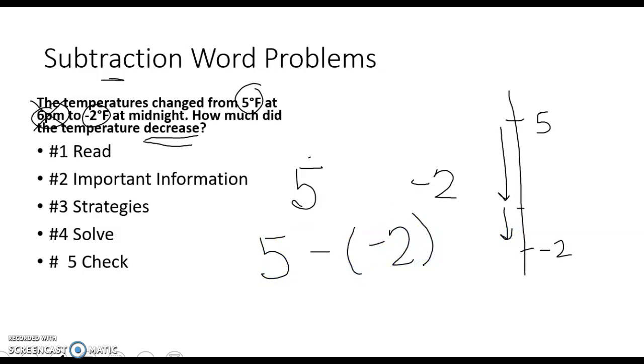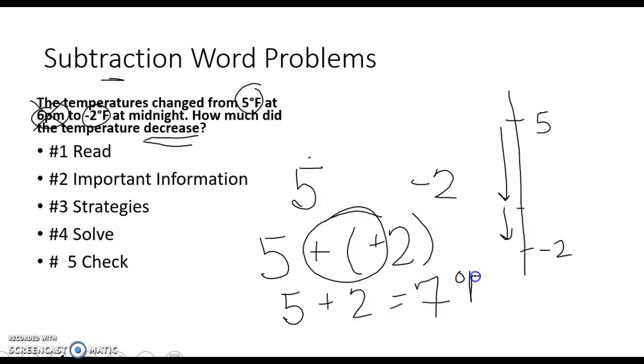Because look at what the change is, how much it is decreased. These two negatives are going to make a positive. So I am going to rewrite this equation as 5 plus 2, which means it is 7 degrees Fahrenheit that's going to change.